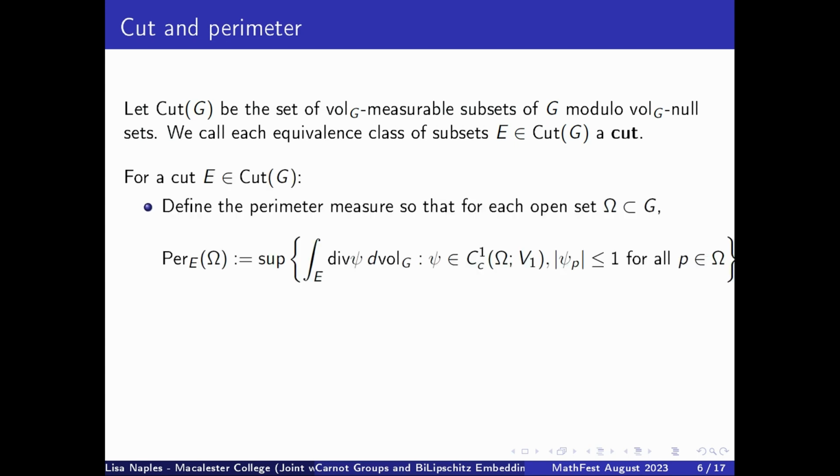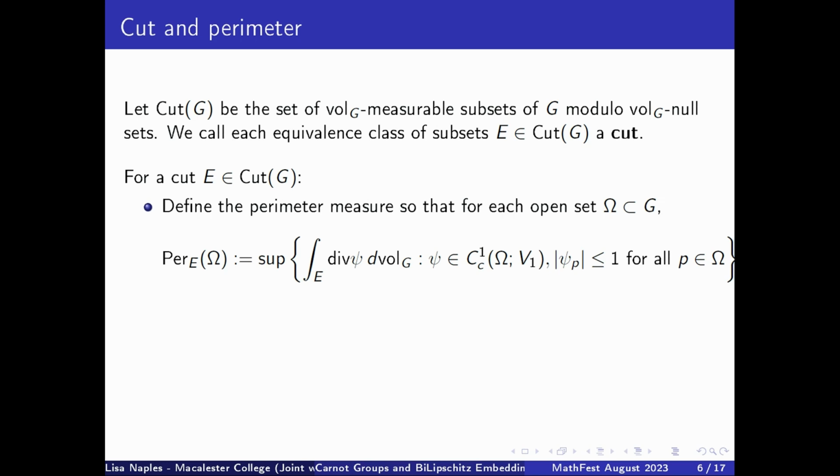So starting with cuts, we let Cut(G) be the set of all measurable subsets of G modulo the null set. So we can think about a cut as an equivalence class. Or if you don't like thinking about equivalence classes, for the most part, it's okay just to think about E as a subset of G. The equivalence classes are for some technicalities. We can also define the perimeter measure for a cut.